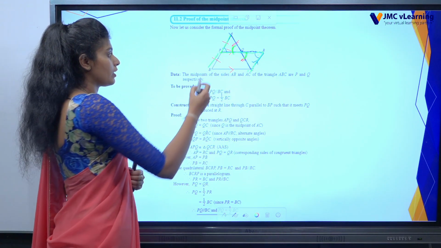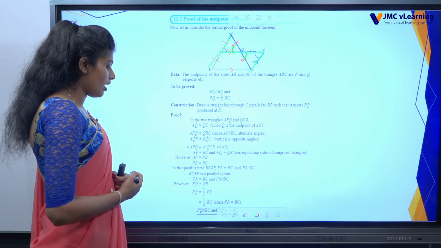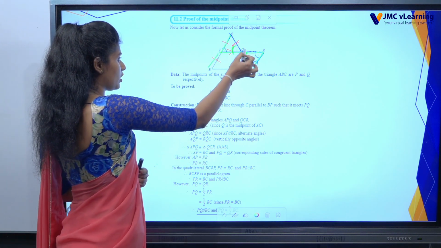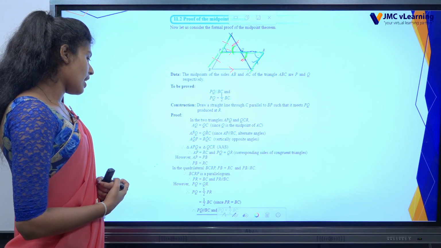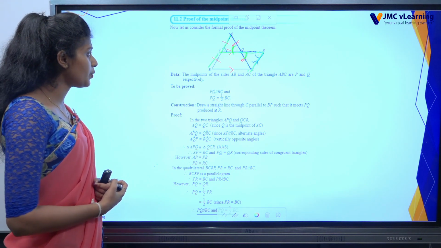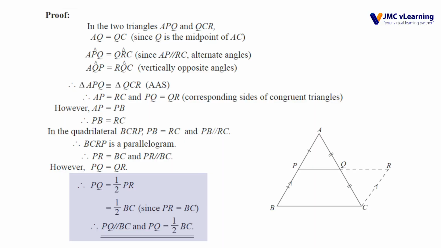That means all the opposite sides are parallel to each other. Therefore, we can say PQ and BC are parallel to each other and PQ is equal to QR. We have told it earlier.